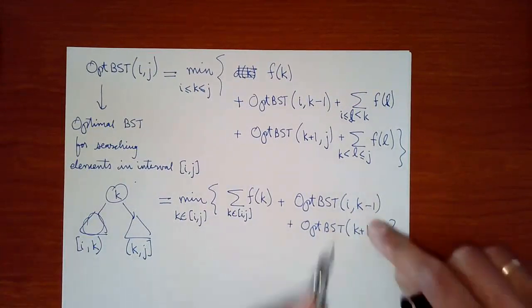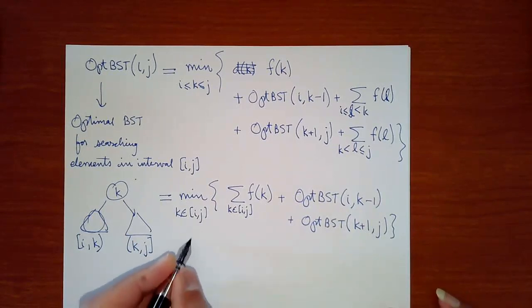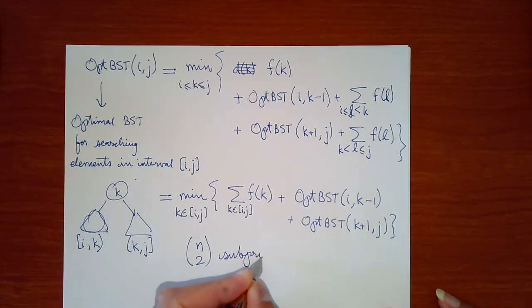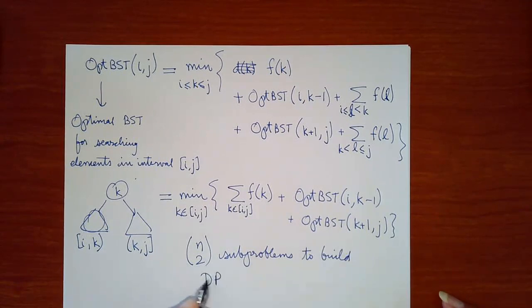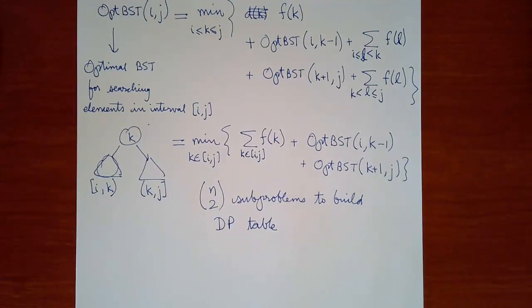I look at the number of subproblems I have. I have only n choose 2 subproblems to build the dynamic programming table. What is the running time of this algorithm? Like n cubed.